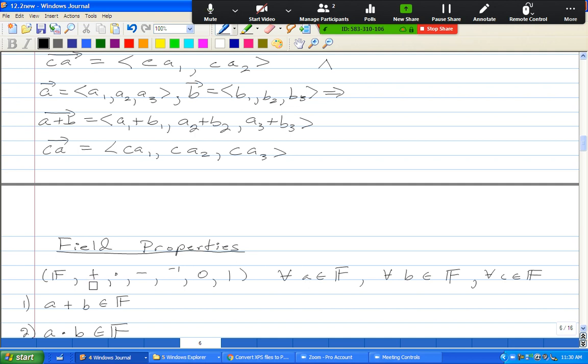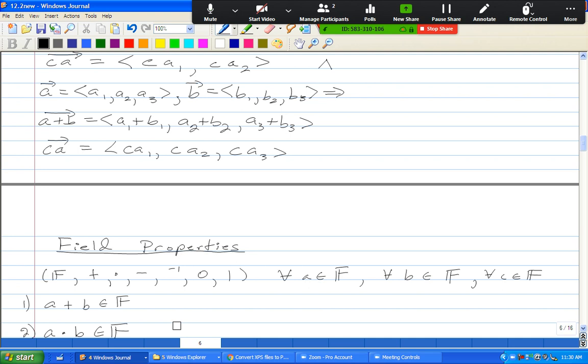Plus will take the Cartesian product of F with itself into the field F. And so will the multiplication operation: it will take F cross F into F. We have unary operations of negation and multiplicative inverse. We have the nullary operations of 0 and 1.